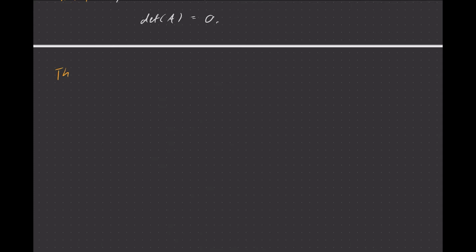That is called the so-called multi-linearity property of the determinant. And that is a more general version of at least the first two properties that we listed.